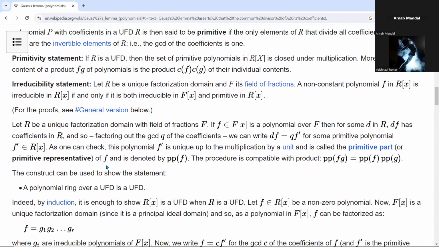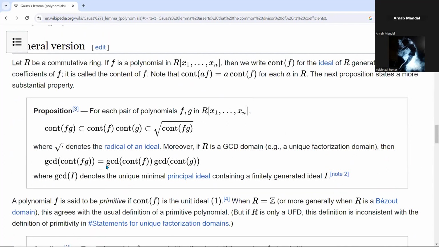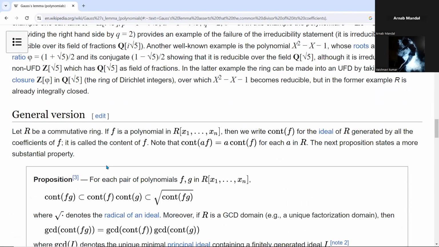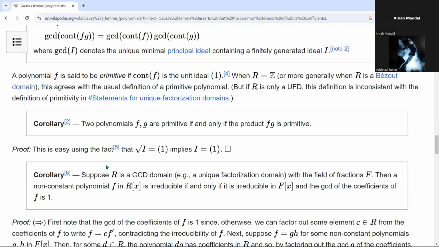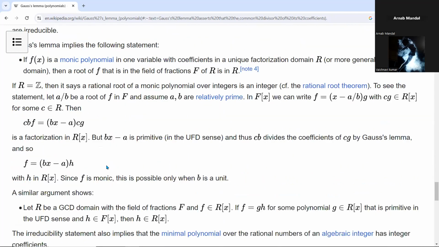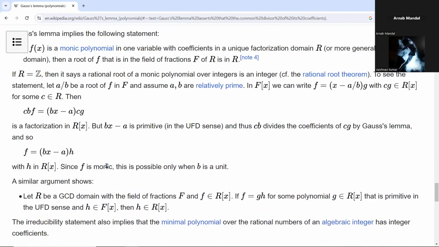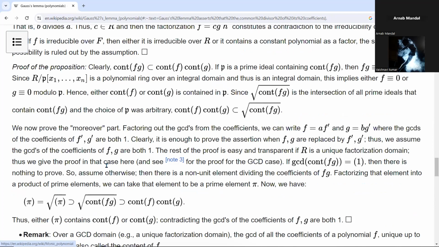So there is a primitive part and so on, and there are more general versions. Right, so these are the things.